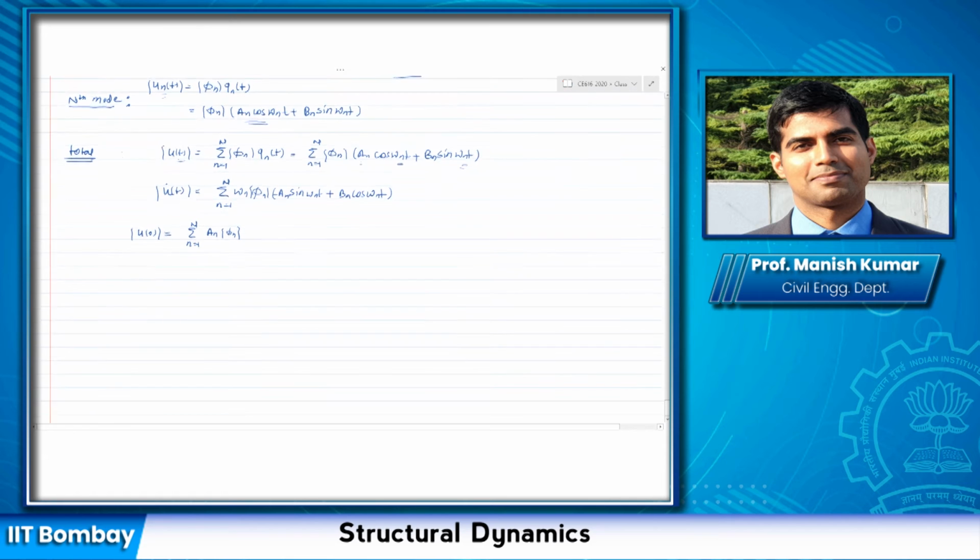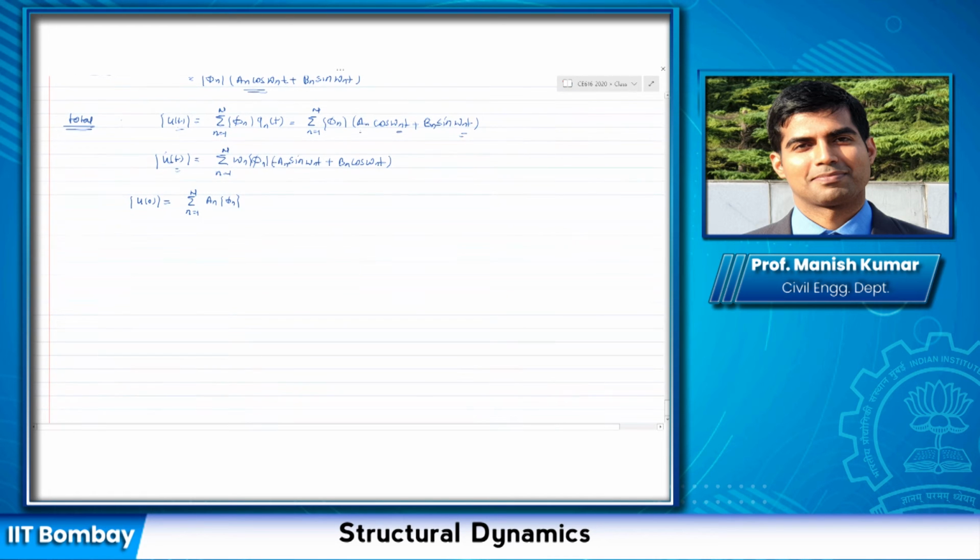Similarly, in the second equation, if I write t equal to 0, I would get u dot of 0 is the summation n equal to 1 of omega_n times phi n times B_n, since all the sine terms would be equal to 0 and the cos term would be equal to 1. So this would be B_n omega_n times phi n.